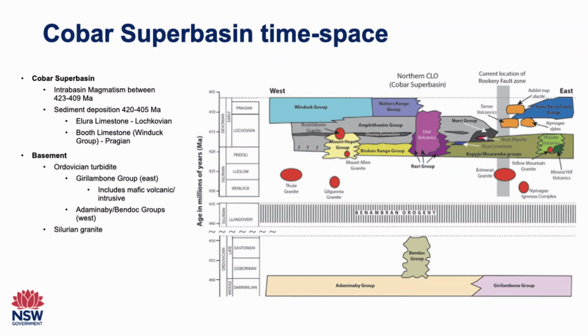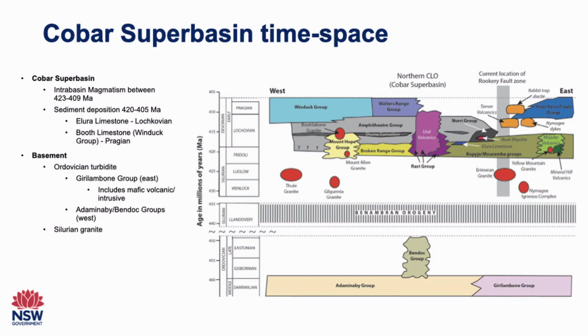So I'll just take a quick look at the time-space plot for Cobar. So obviously time on this axis and space, this is the eastern side, this is the western side. Intra-basin magmatism ranges between about 423 and 409 million years, so up to this sort of Pragian gap.